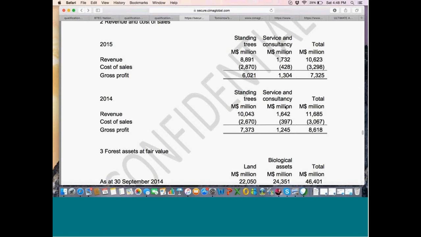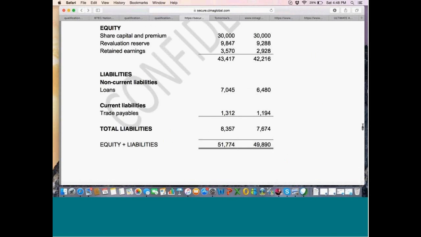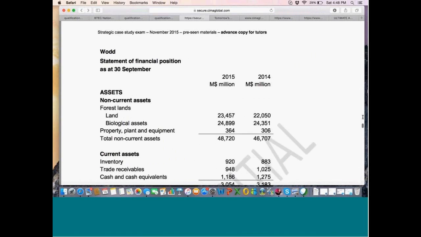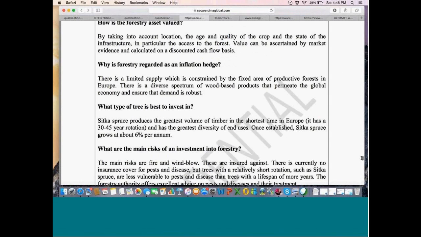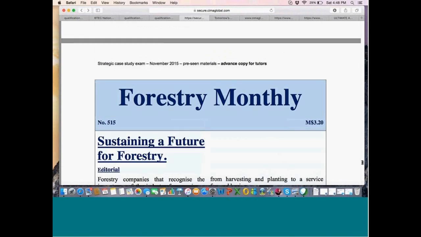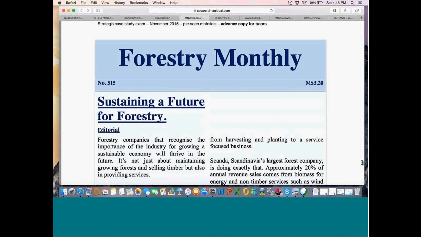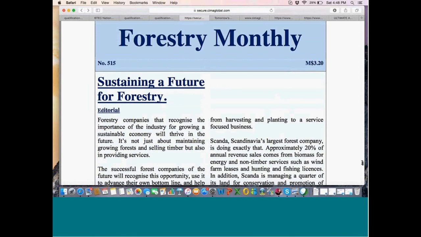On the composition of the board, yes. It looks like the executive directors are more than the non-executive directors. Very few NEDs. Yeah, very, very few. So that is a concern, and that's what I said, the composition of it. It is a bit of a concern.